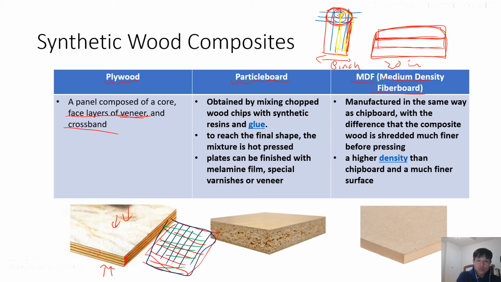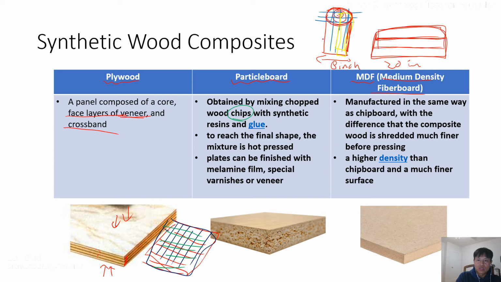Particle board uses chopped wood chips from the wood manufacturing process. This is a way we maximize the use of wood.